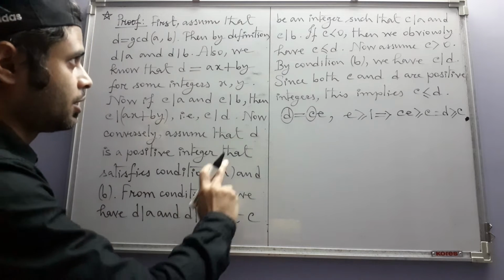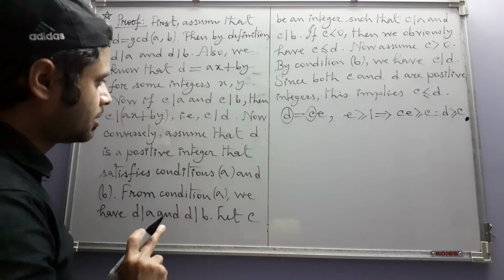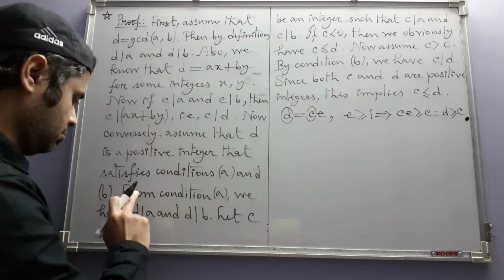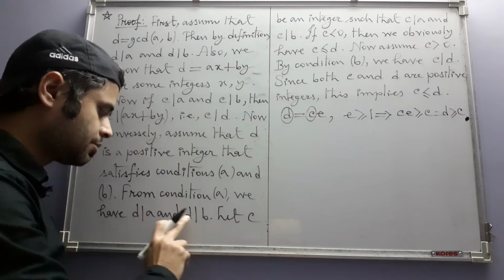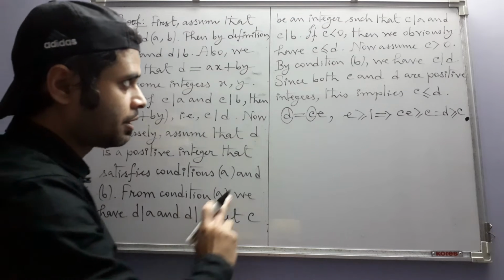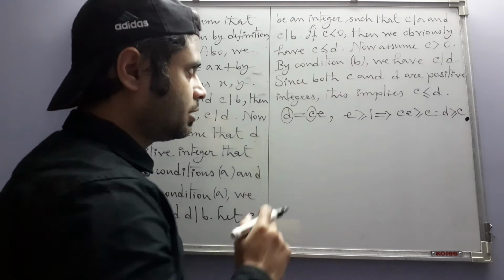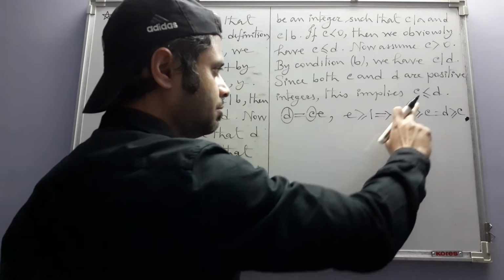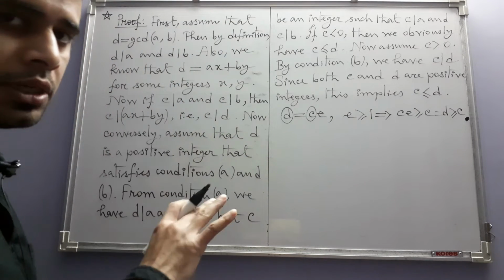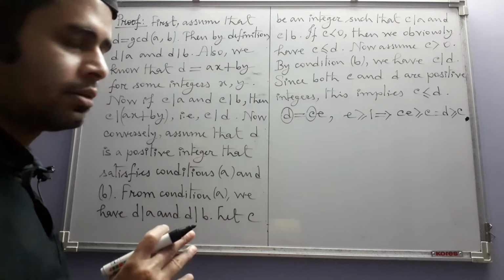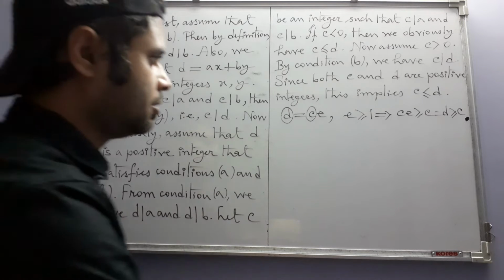For us, now two things are true. D is a positive integer which divides both A and B, and whenever C is any integer that divides both A and B, C must be less than or equal to D. So according to our original definition of GCD, D is the GCD of A and B.